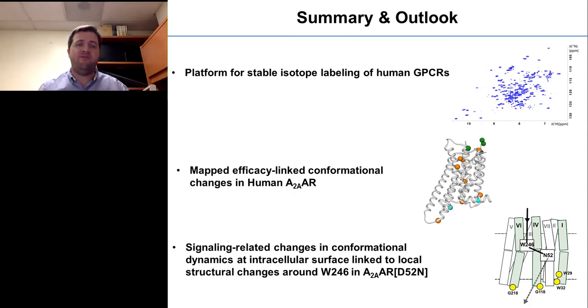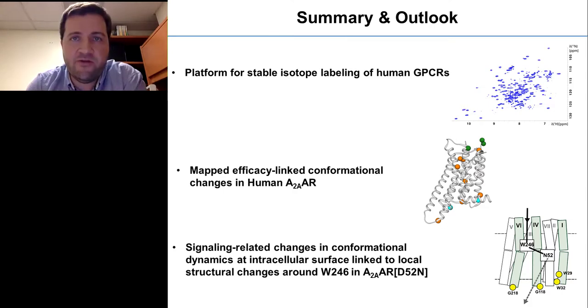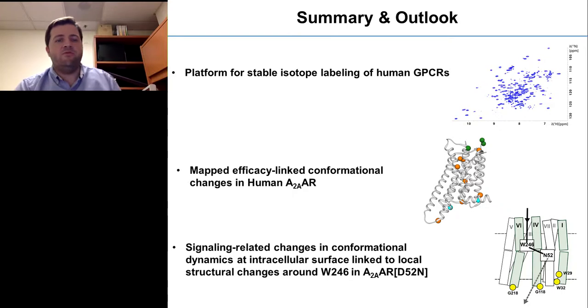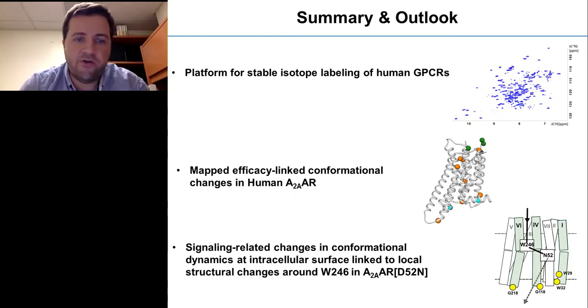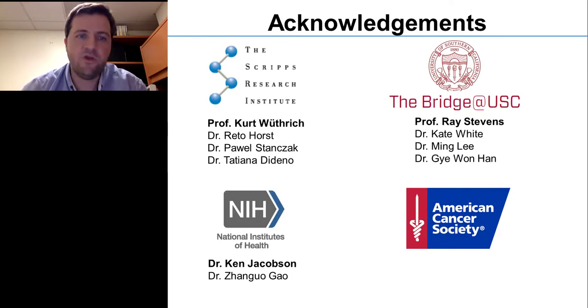We've been able to map efficacy-linked conformational changes in the human A2AAR and provide a more comprehensive global view of those changes. And we've been able to relate changes in signaling to changes in conformational dynamics at the intracellular surface, which are linked to local structural rearrangements around tryptophan 246 with respect to this PIF activation microswitch.